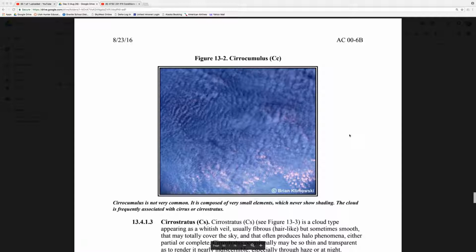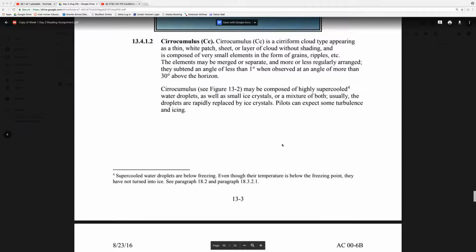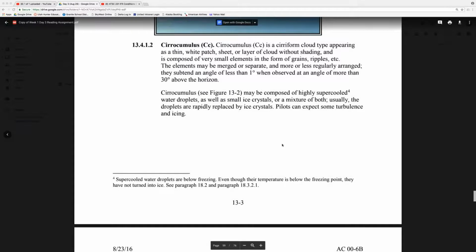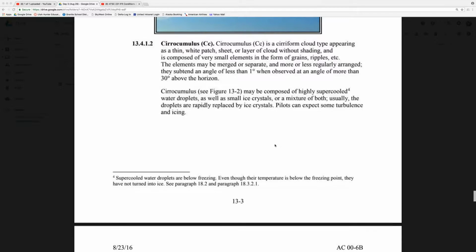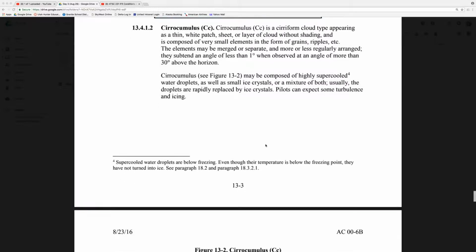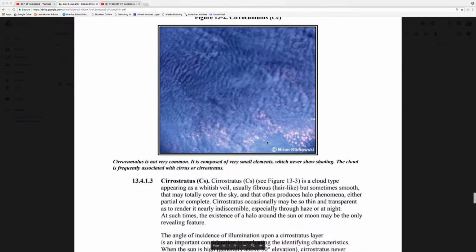These high altitude clouds do indicate turbulence. It's going to be bumpy right there. Okay. Super cooled water droplets. Pilots can expect some turbulence and icing. There you go.